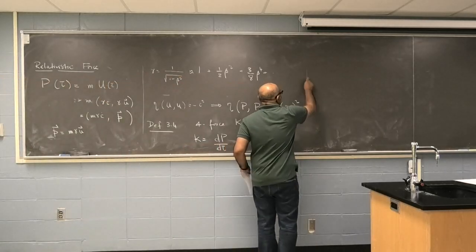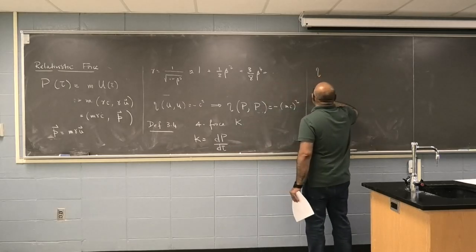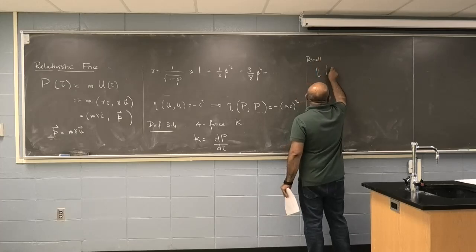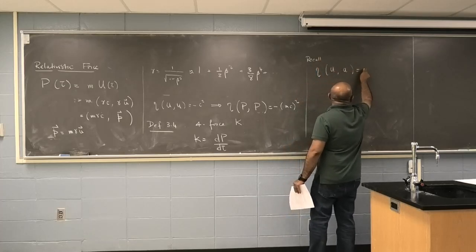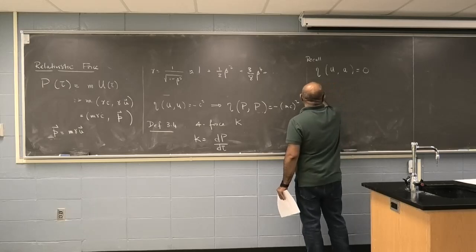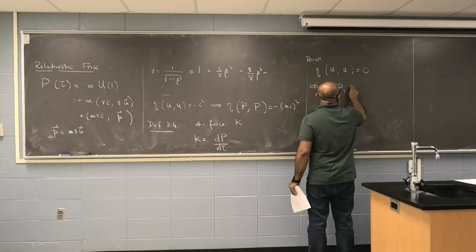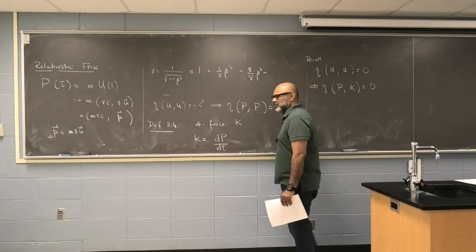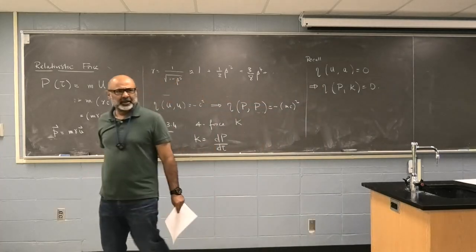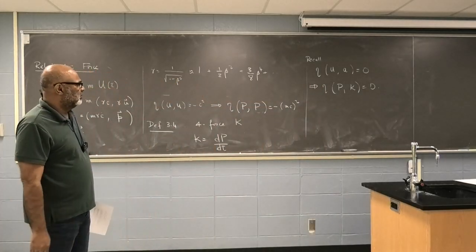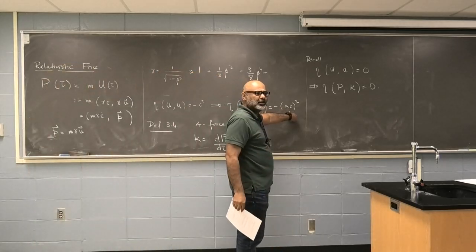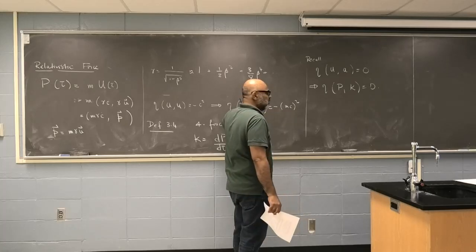Just as before, you will have, recall, K dot U equals 0 in a similar way, because they're just multiplied by, because p also has constant length. So when you take the derivative of this, you get 0.